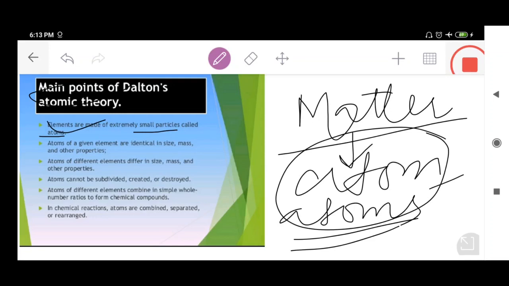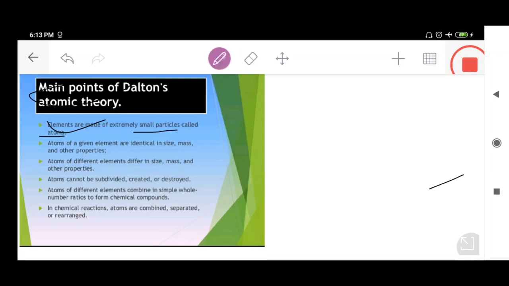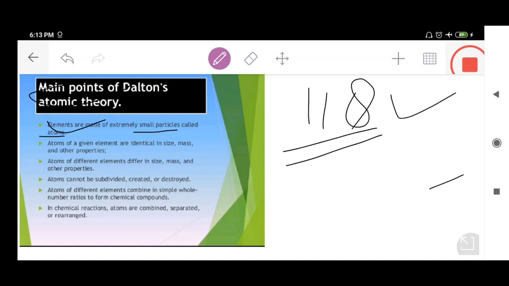For example, this is an element. Let's take any one element. For example, we have 118 elements known.